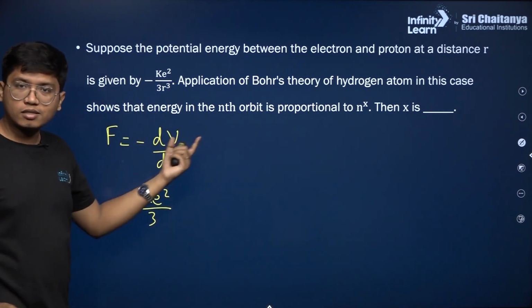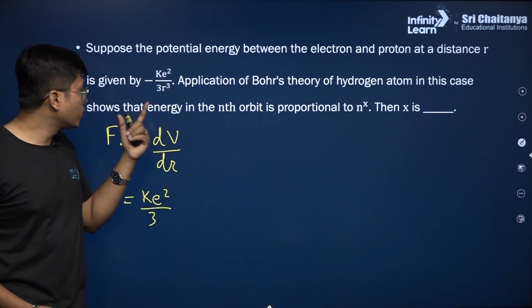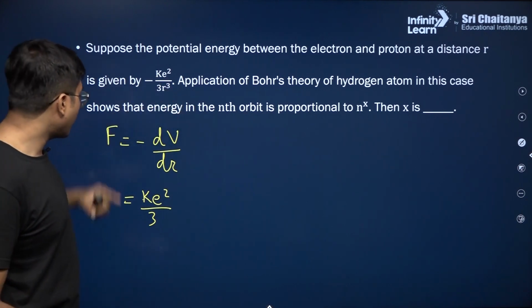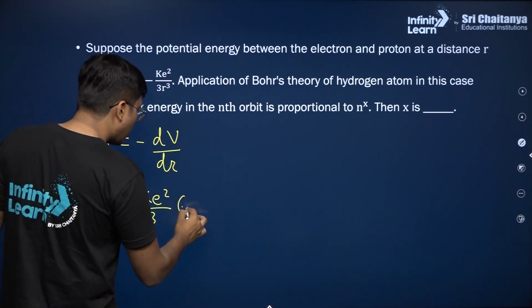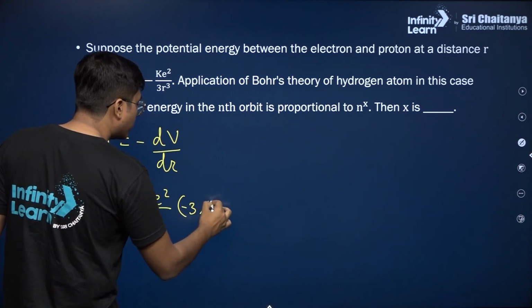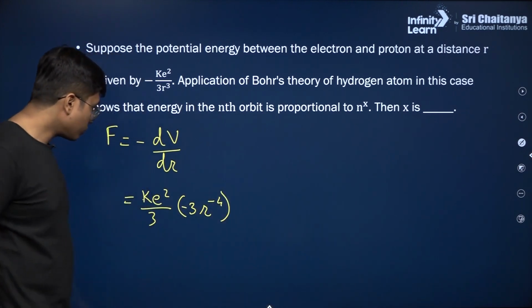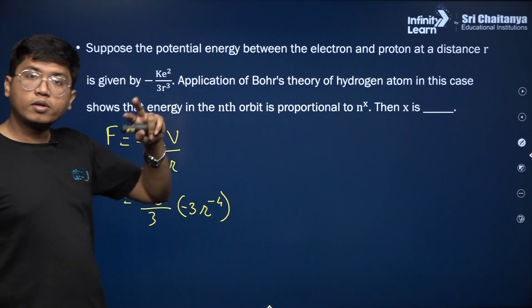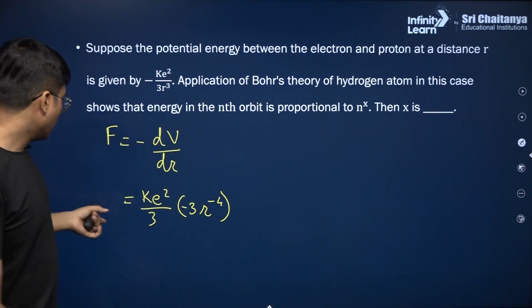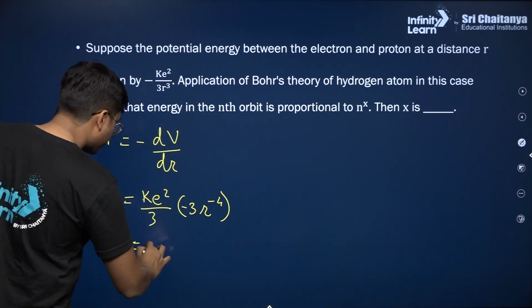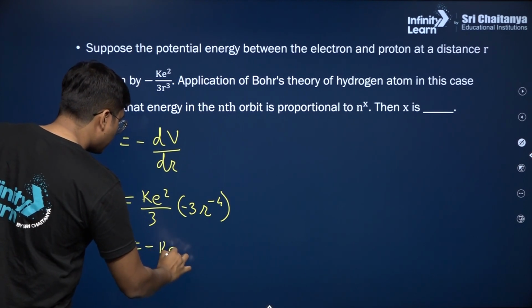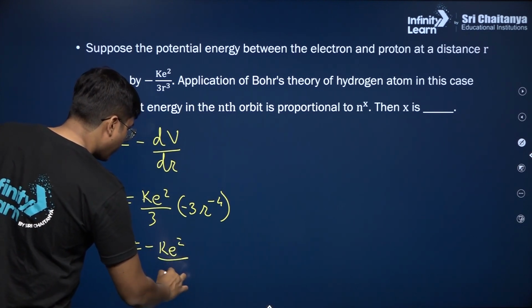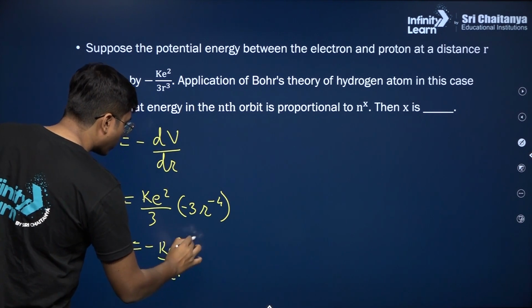That comes out as it is because it's a constant over there, and you have r to the power minus 3. r to the power minus 3 gives you minus 3 into r to the power minus 4, because n into x to the power n minus 1. So that is going to give you minus k e square divided by r to the power 4.